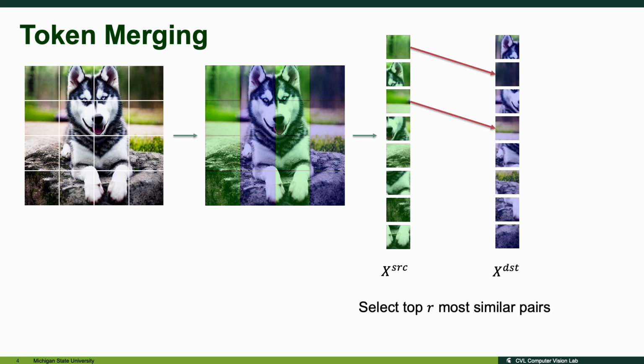To demonstrate the distinction between token pruning and token merging, let's consider an example using a 4x4 grid of tokens. In token merging, the grid's tokens are divided into two groups. This division is based on selecting the top R most similar pairs of tokens.